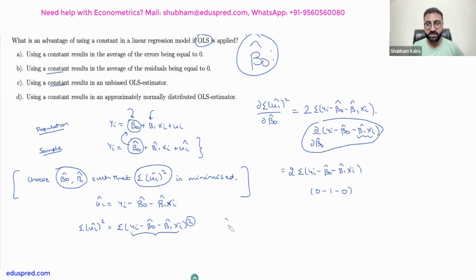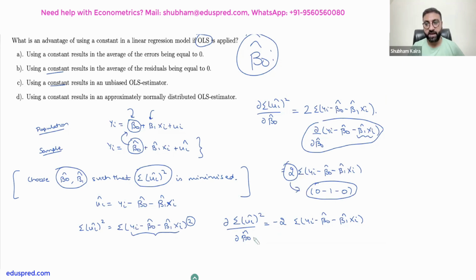So the partial differentiation of the summation of ui hat square with respect to beta 0 hat gives 2 times the summation of yi minus beta 0 hat minus beta 1 hat xi, multiplied by minus 1. Because it's multiplied by minus 1, I can multiply the 2 by minus 1, so it becomes minus 2.